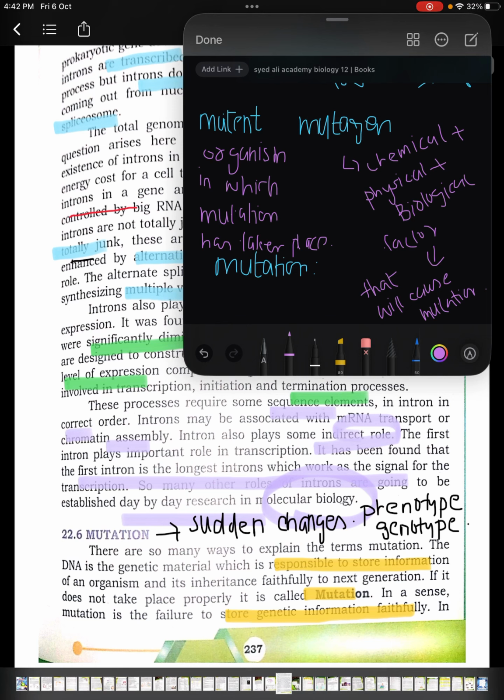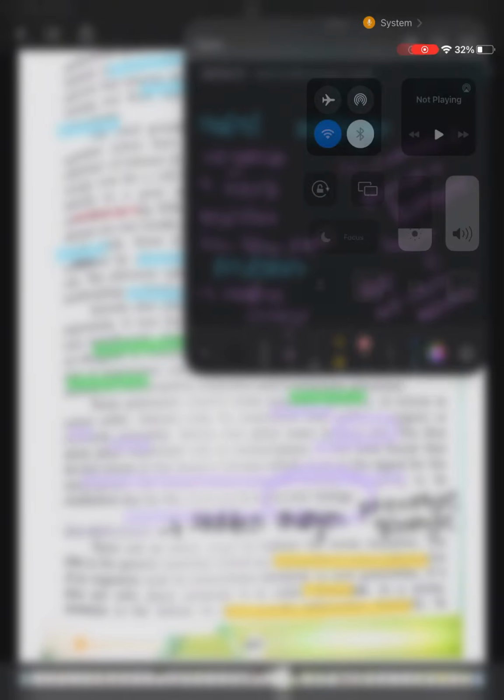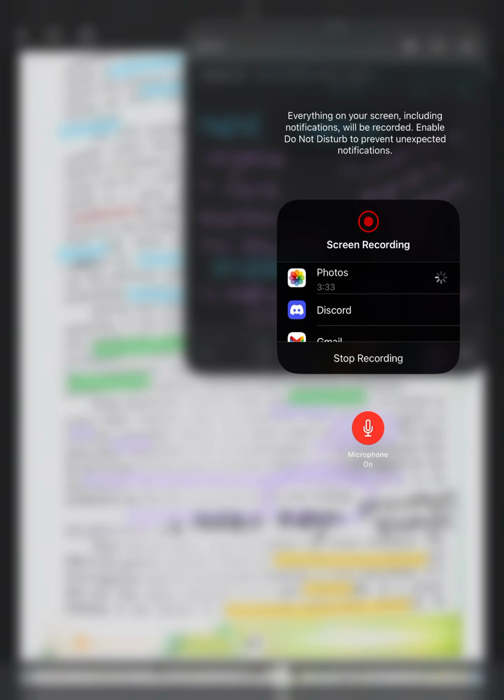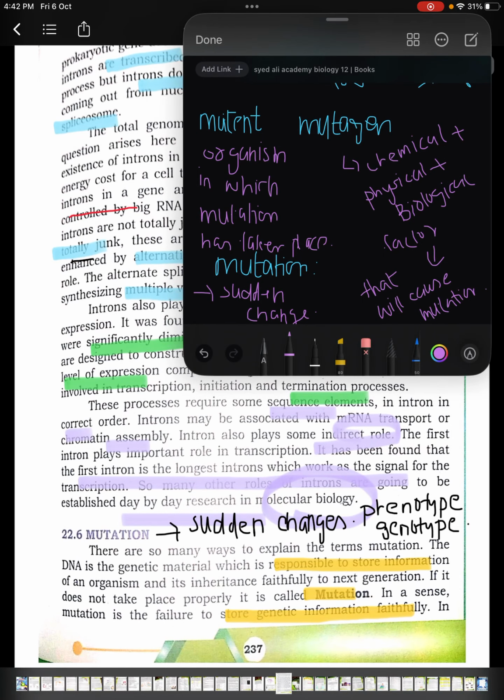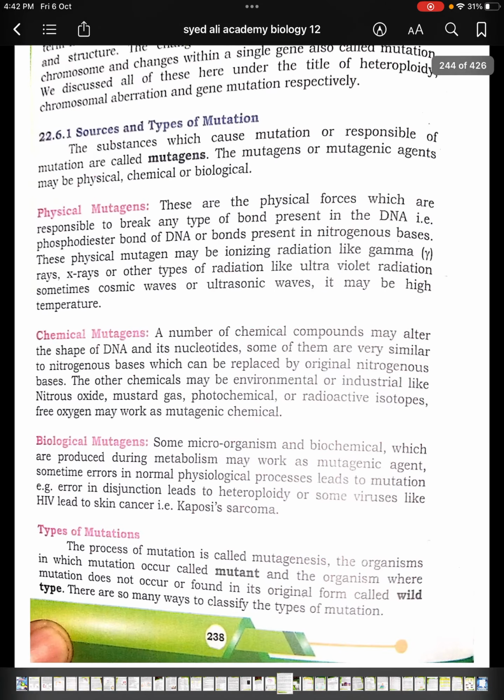And what is mutation then? Mutation is basically the sudden change. I hope this is clear to you, right?